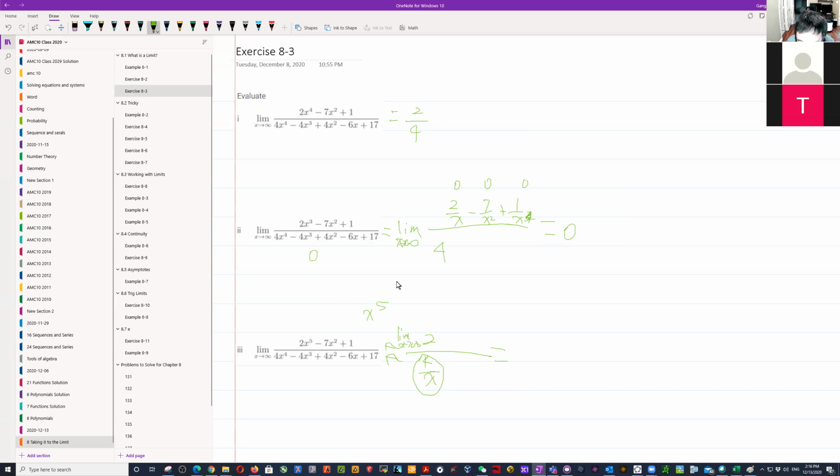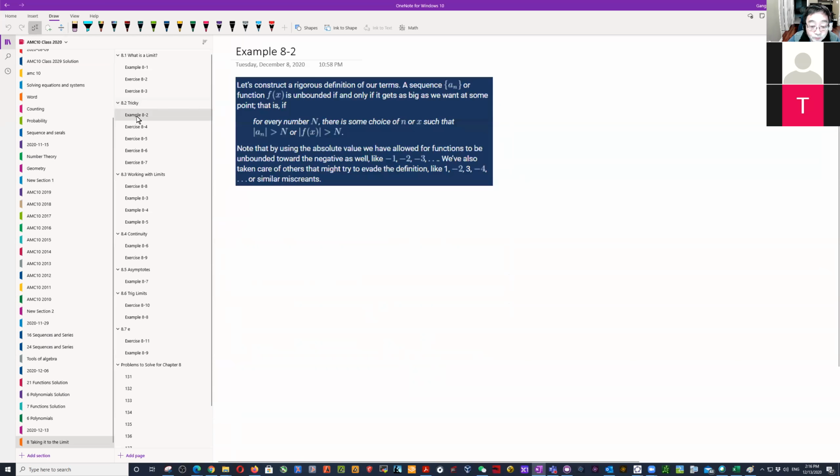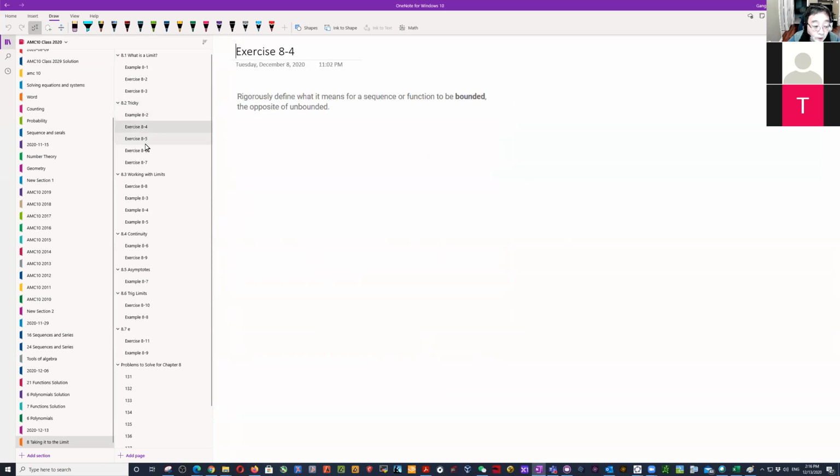So it's actually 2x over 4, as x goes to infinity. So basically this is x over 2. And when you take x to infinity on x over 2, it will be infinity. So these are the ways that you could do some infinity stuff.